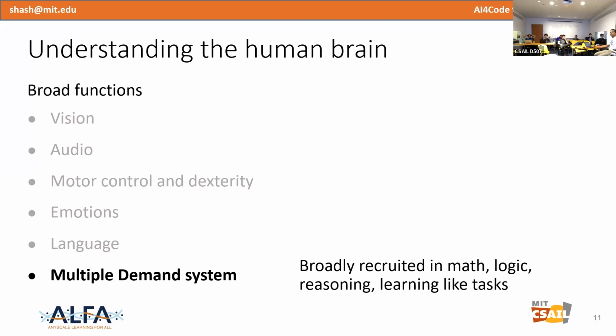Unlike all the domains I've listed above, it is not activated when some super specialized set of stimuli are perceived by us, but rather it seems to be broadly recruited, and I use these verbs interchangeably: recruit, activate, respond. So it seems to be recruited in any new problem solving task.